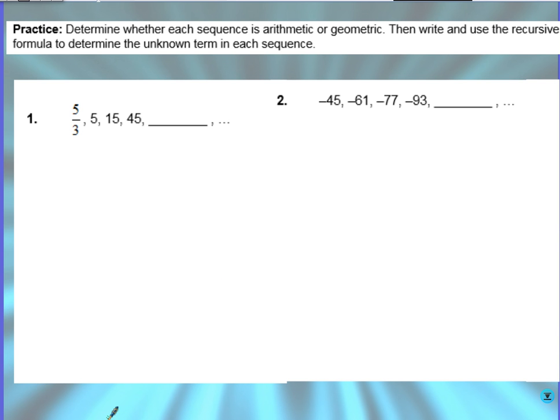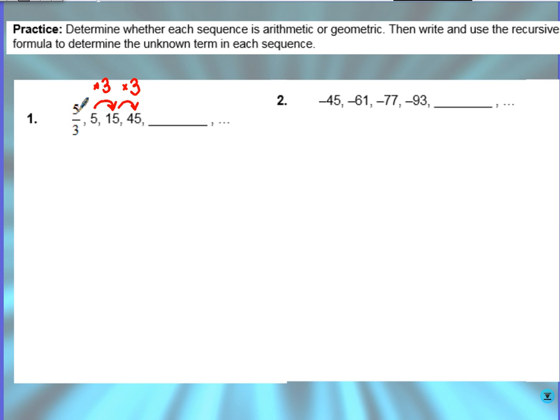So first, we must identify if it is arithmetic or geometric. In this example, don't let the fraction fool you. You can ignore it for now if you'd like, and just see, how do we get from 5 to 15 and 15 to 45? If you guessed multiplying by 3, then you are correct.